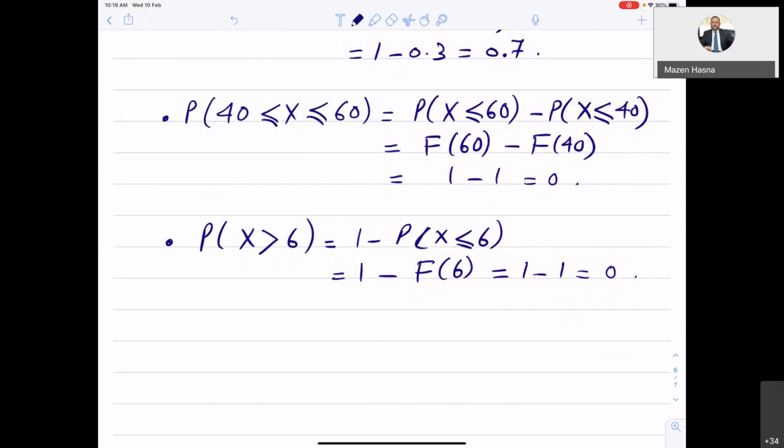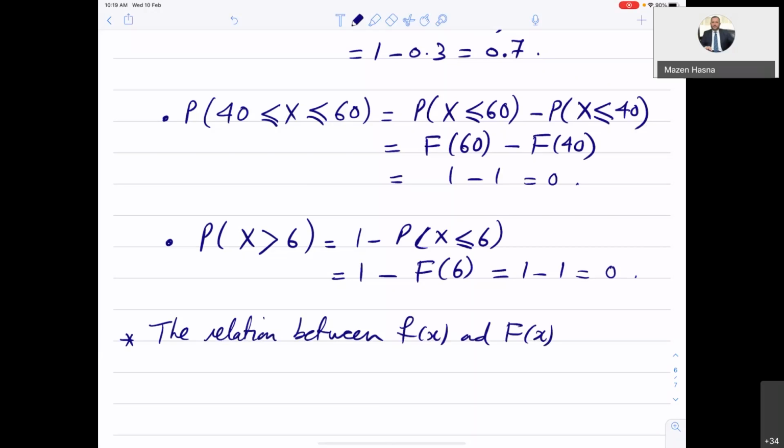And so on. So always make sure that you use the definition of capital F of x or small f of x, whatever you are given. Last point I want to mention here: the relation between small f of x and capital F of x, which we did.